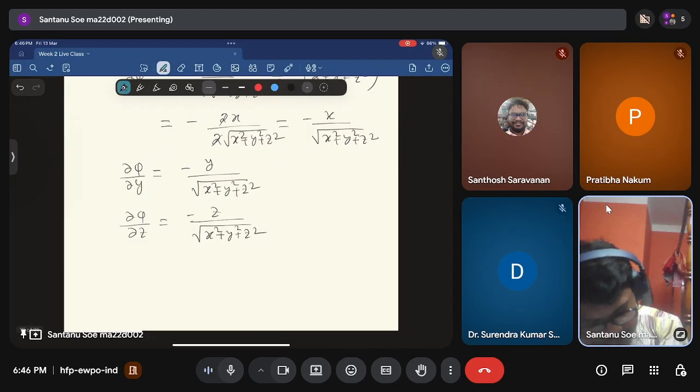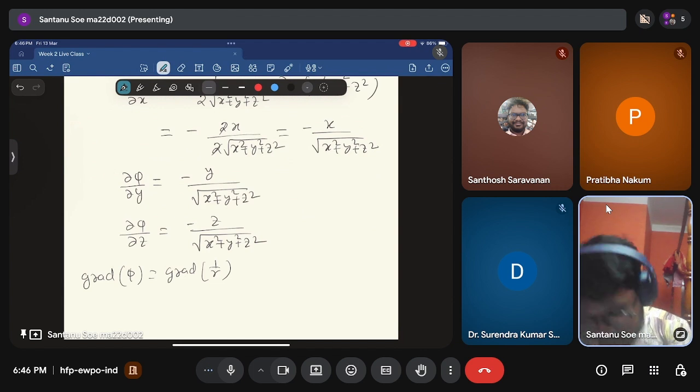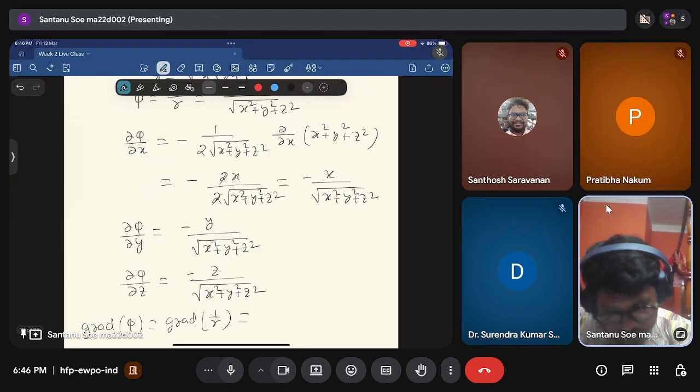So our gradient of phi, which is gradient of 1 by r, will be... So I think I made some mistake here. This will be whole cube.